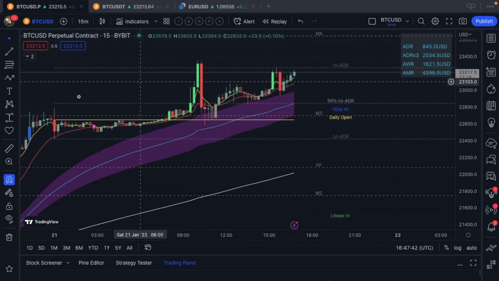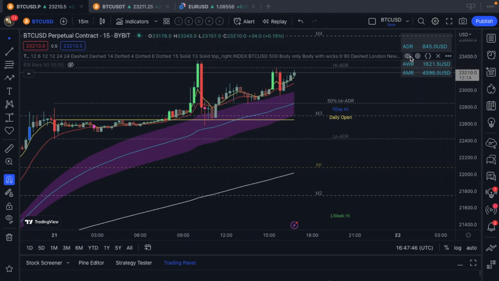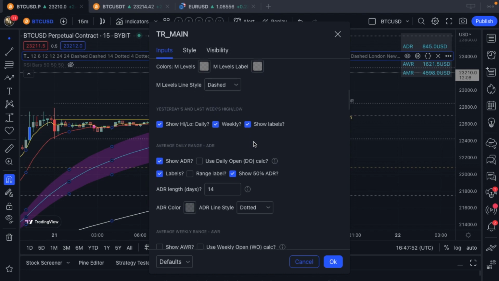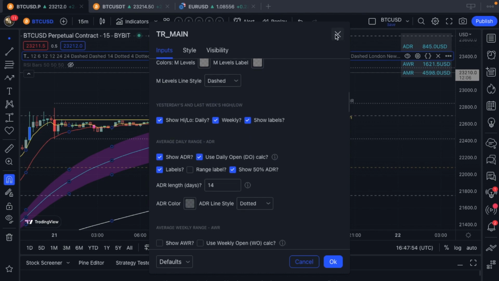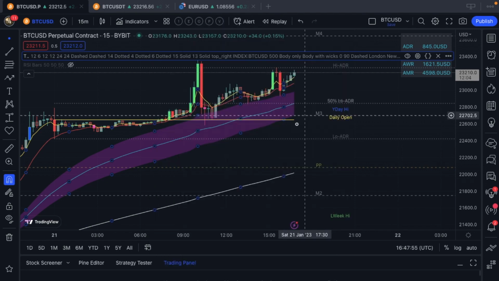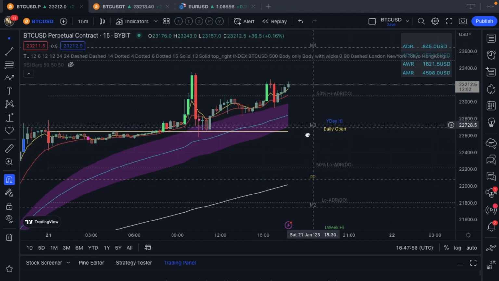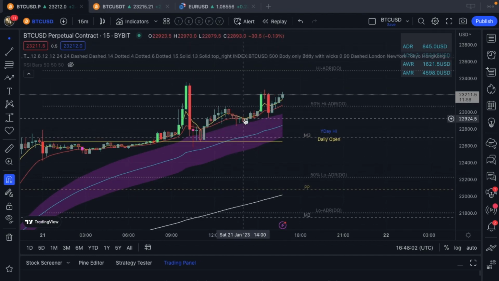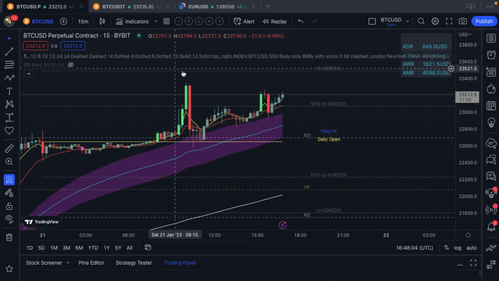And toggle between, so when I'm scalping, I do a lot of toggling with a lot of different things. Use the daily open calc. And now you're going to see that it actually helped you with this nice short.